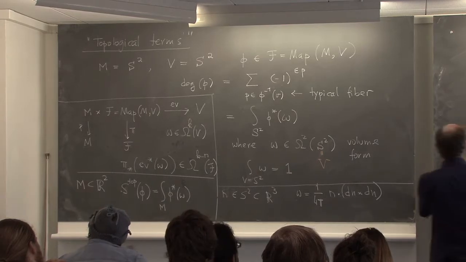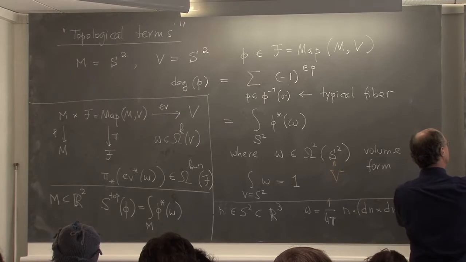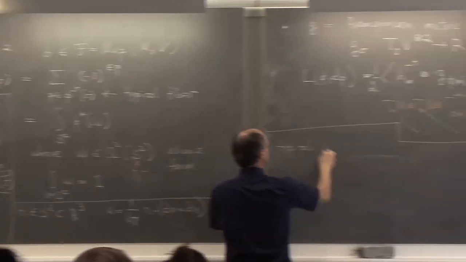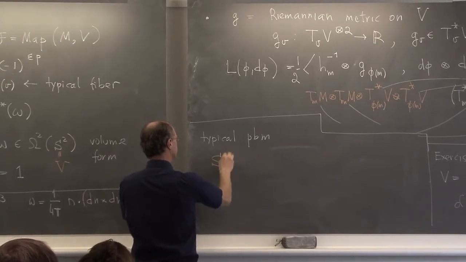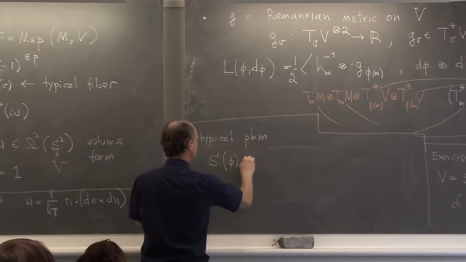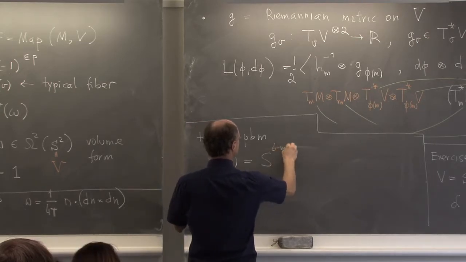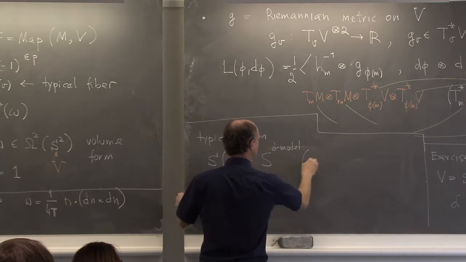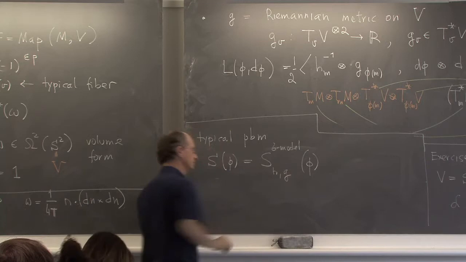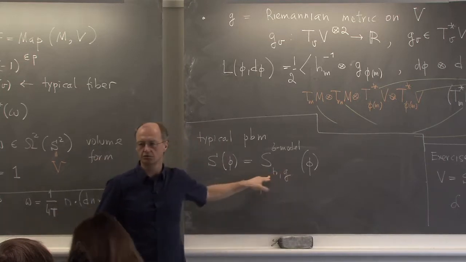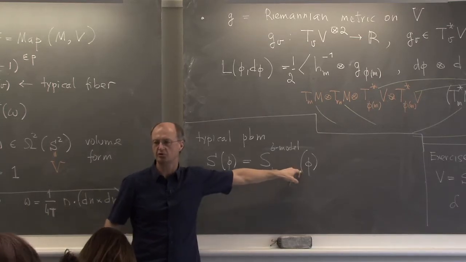So in physics, a typical problem would be for the functional S of phi, which is equal to S sigma model of phi, which depends on, say, two metrics, the metric on the space-time and the metric on the target.